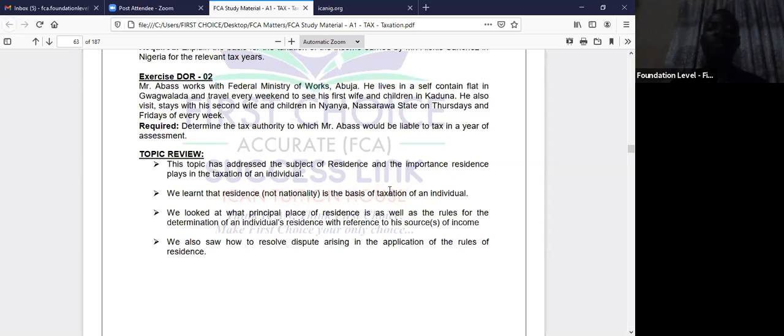Feel free to look at past question papers and solve some of these things, because in your exam, residency may come as an objective question, it may also come as an essay question. Okay, if you have any question later, feel free to ask in the chat room, in the WhatsApp group where you were added.